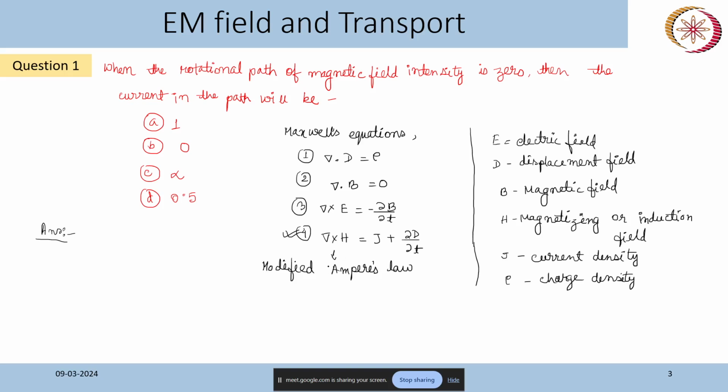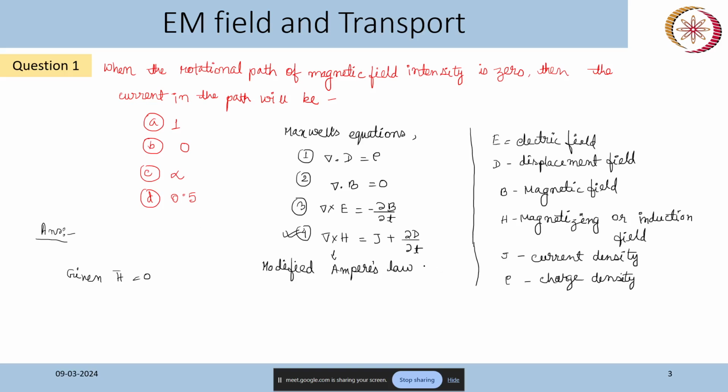So this is the equation we are going to use. In the question it is given that H is 0. H is a vector, and I'm not using vector notations here. Magnetic field intensity is 0, as given in the question.